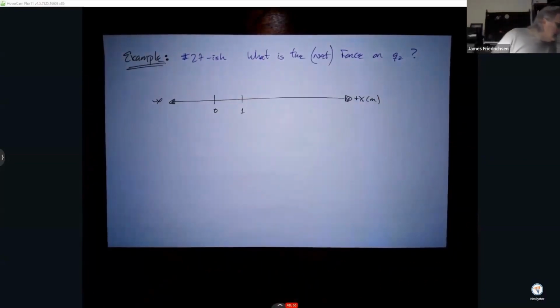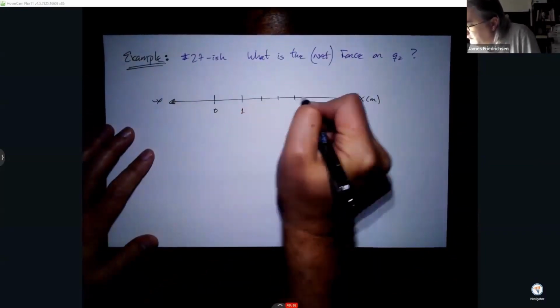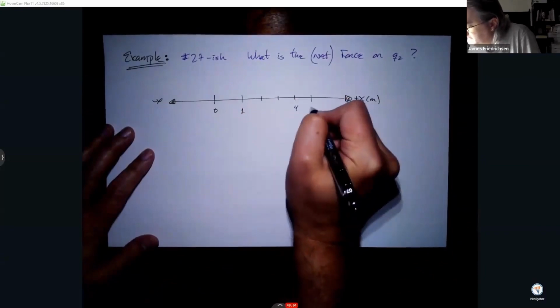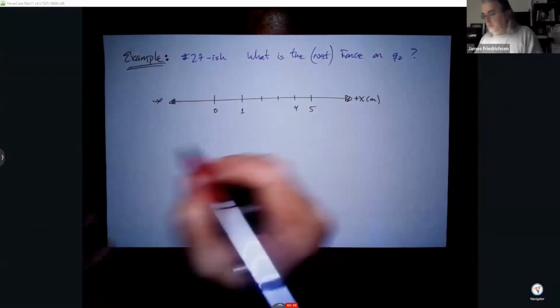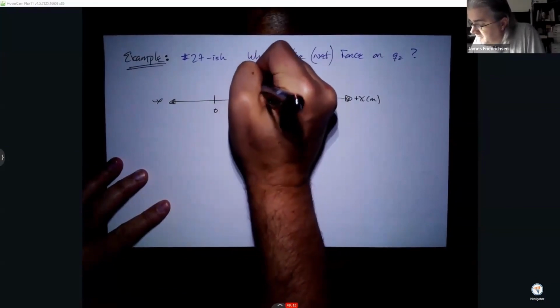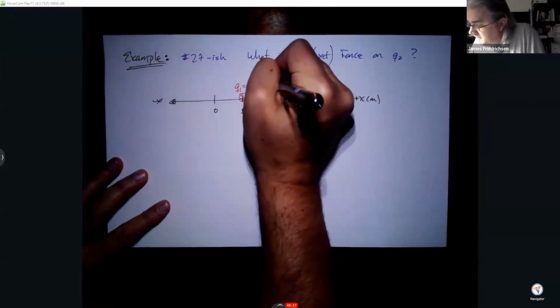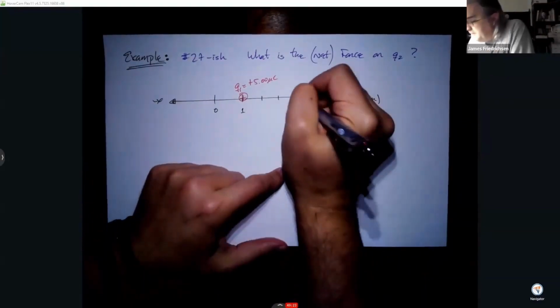And then we will put charge 2. Let's go ahead and put it at the 4. So 1, 2, 3, 4, 5. Charge 1 is going to be plus 5 microcoulombs. Charge 2 is going to also be plus 5 microcoulombs.